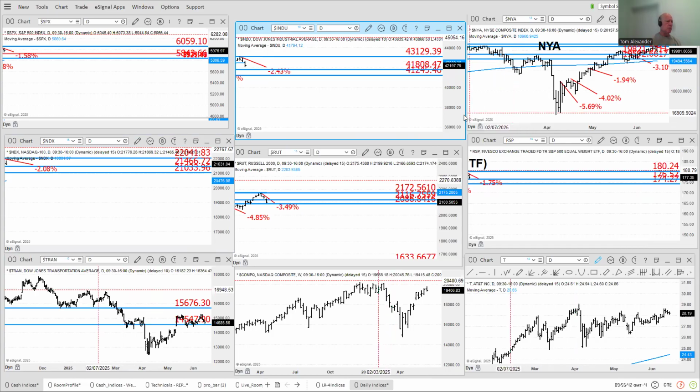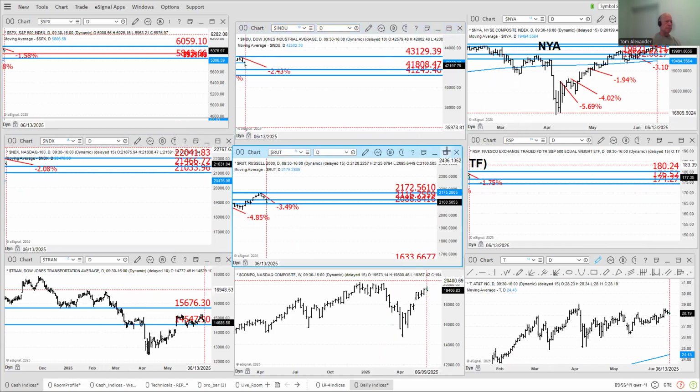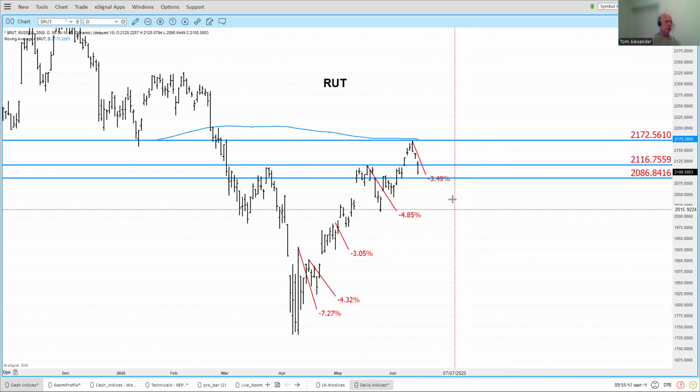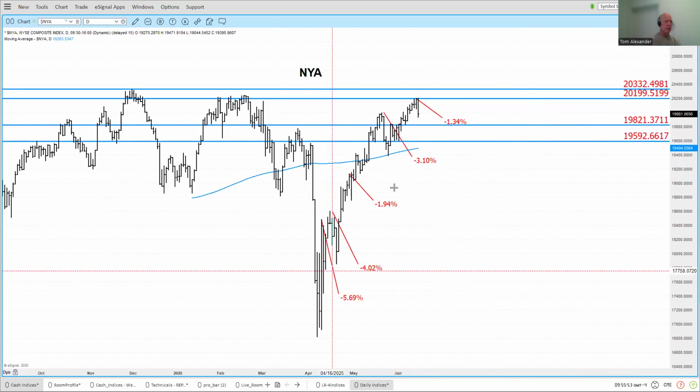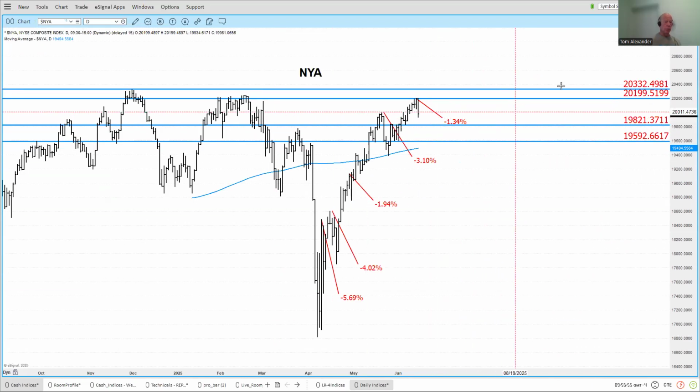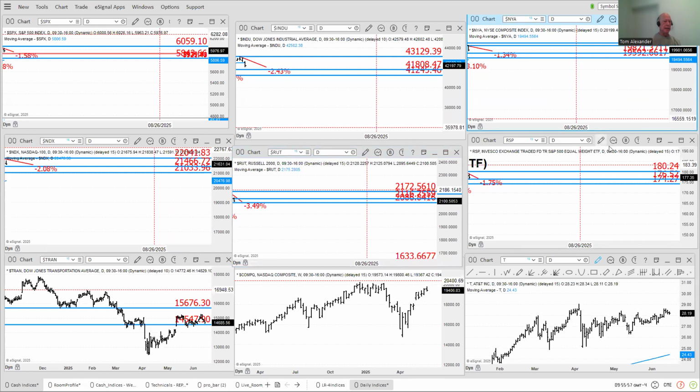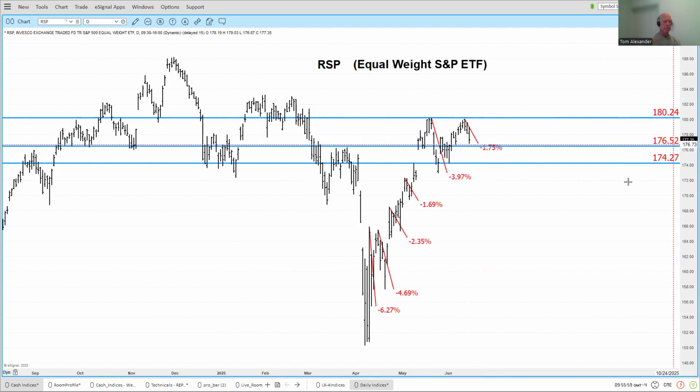And then the Russell, similar situation, down 3.5%. New York Composite, the broadest of the indices, down only 1.34%. And the equal weight S&P down about 1.75%.